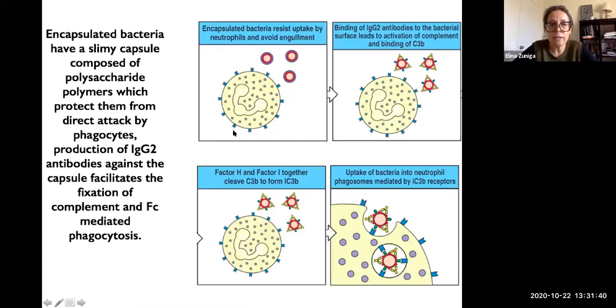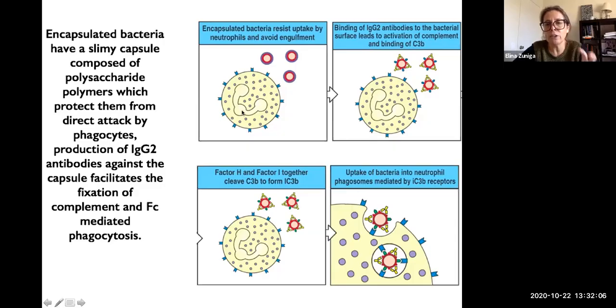And so these patients have very low levels of immunoglobulins, and they also have many infections with bacteria, particularly encapsulated bacteria. These have a capsule composed of polysaccharides, which protects them from direct attack by phagocytes.